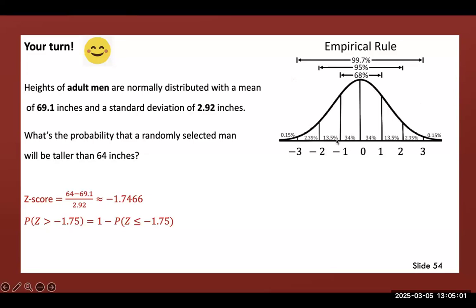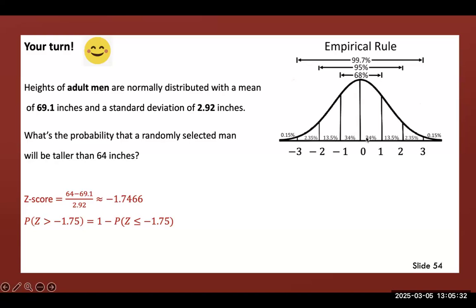So I'm going to take my cursor, and this value, -1.75, is somewhere between -1 and -2. It's not halfway between, but it's leaning a little bit more to the left because of the 0.75. So let's make a guess as to what we think this probability is going to be before we put it into Microsoft Excel or into the z-table.